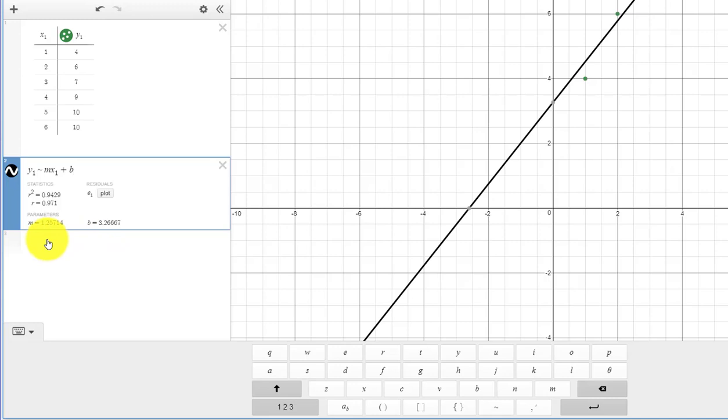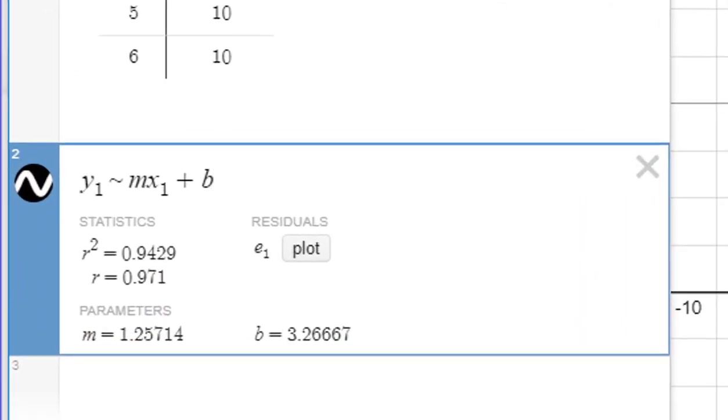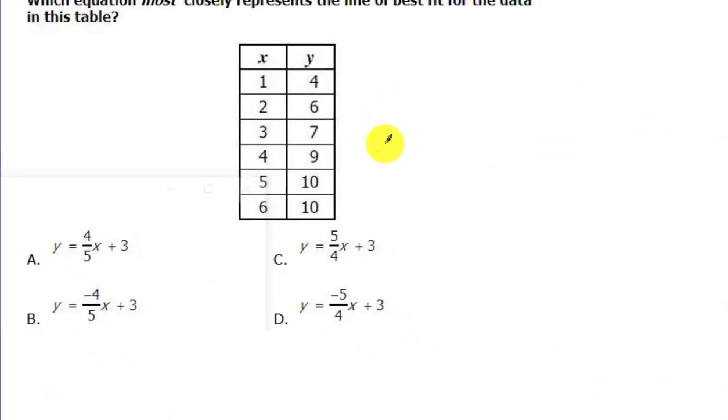Alright, so in this case, let me just write the equation. It's y equals 1.257, so that's my m. Usually the equation for a straight line is y equals mx plus b.